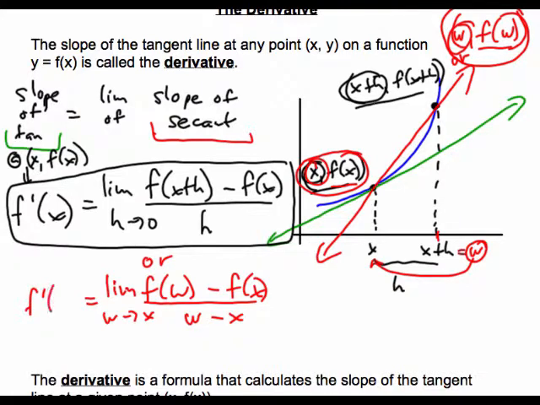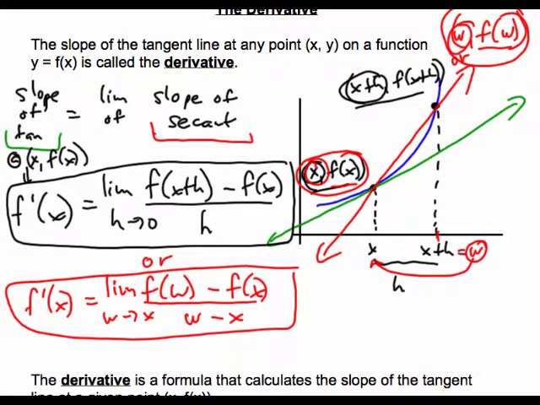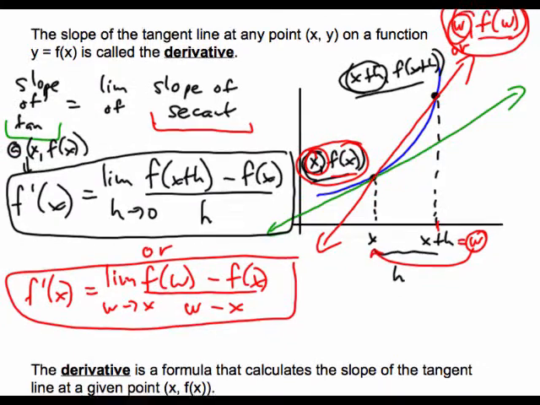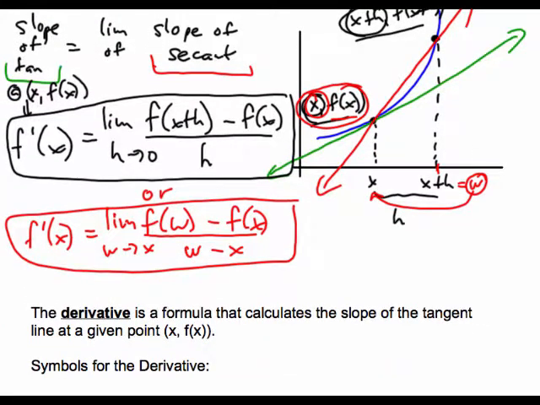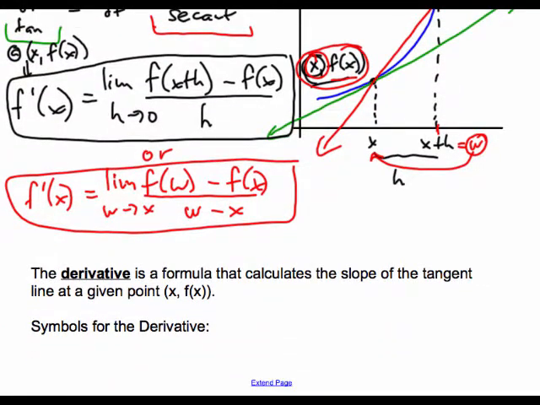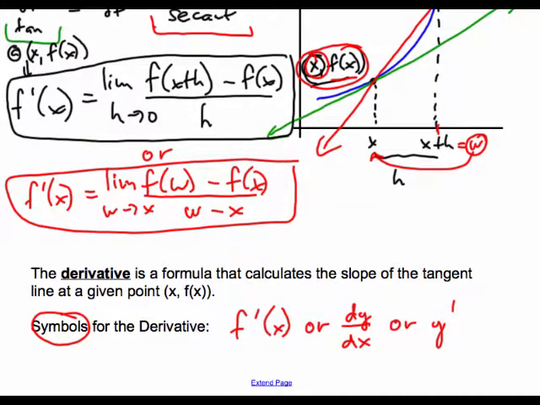And there's an alternative formula for the derivative. Alright, now the first formula is more commonly used than the second, but you need to come to recognize both as representing the slope of the tangent line at any point. Alright, and just as indicated, we have a couple of different notations, symbols for the derivative. One is as used above, f prime of x. Another one is dy dx. It's the change in y with respect to x. Or sometimes you'll see y prime used. You'll get used to these different notations as we move along.